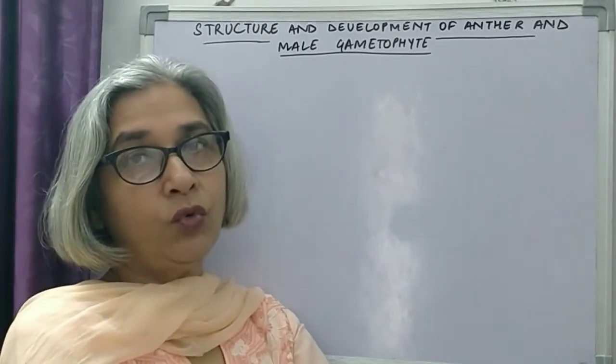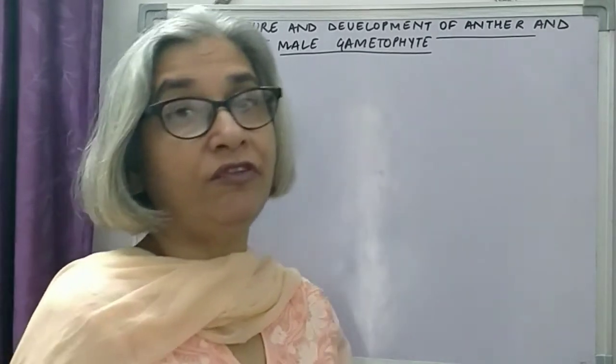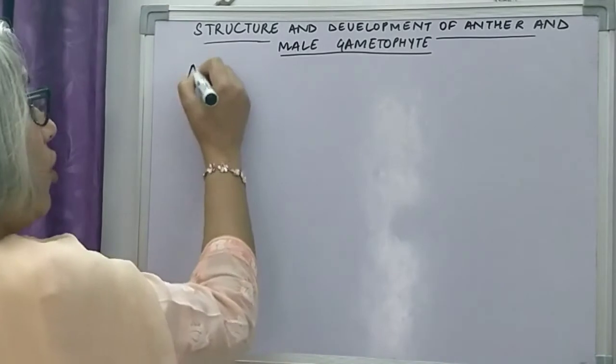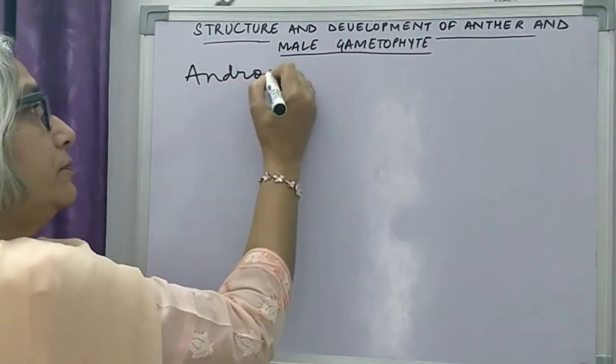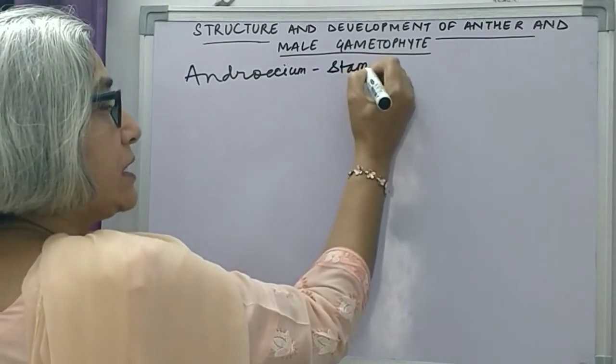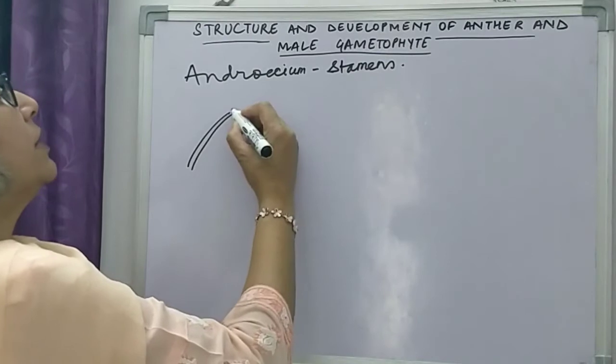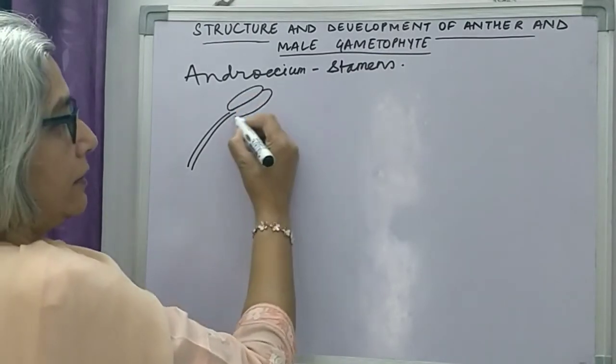Now coming to the male part of the flower. The male part of the flower collectively is called androecium. It is made up of stamens and each stamen has a filament and an anther.